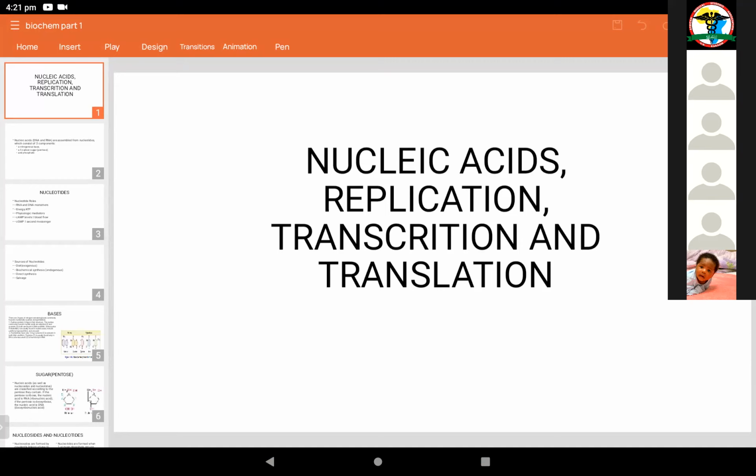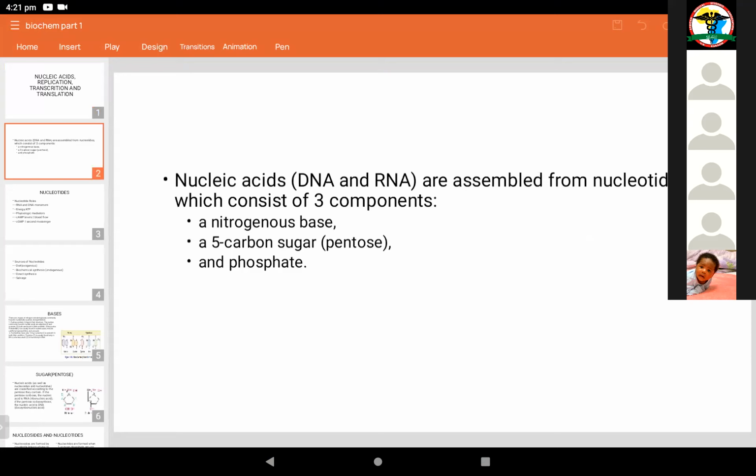So basically, nucleic acids are like the basic units of a DNA. They come together to make a DNA. But the nucleic acid itself has some components. The nucleic acid is what we call DNA or RNA. Do you understand? So a DNA or an RNA is like a group of nucleic acids coming together.